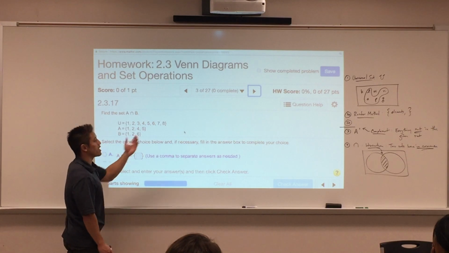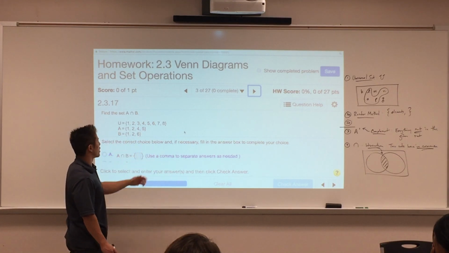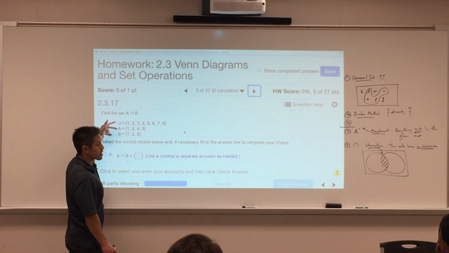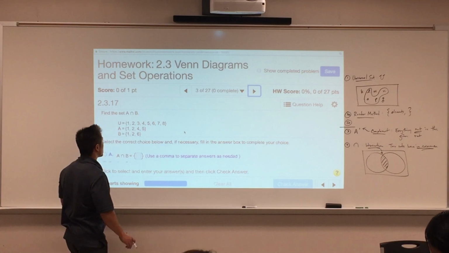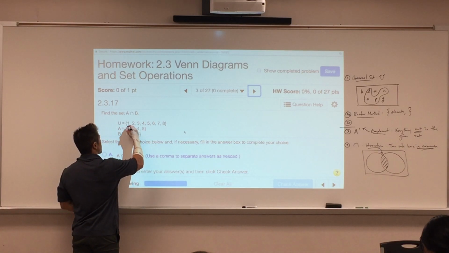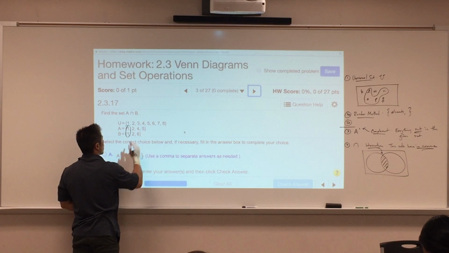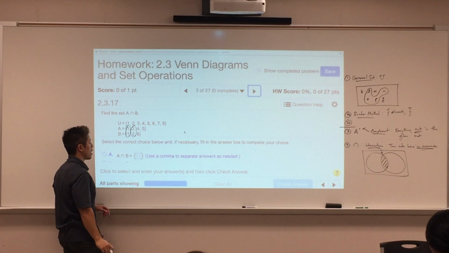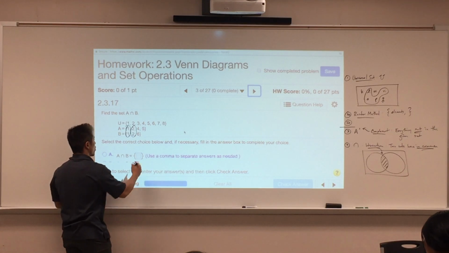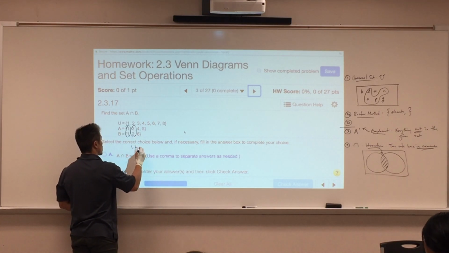You don't need to draw out a giant picture for this. Just look at A and B, the given sets they're referencing, and find out what they have in common. They have an overlap of 1, an overlap of 2, no 4, no 5, no 6 overlap. So their intersection, what you would put here, is 1, 2.